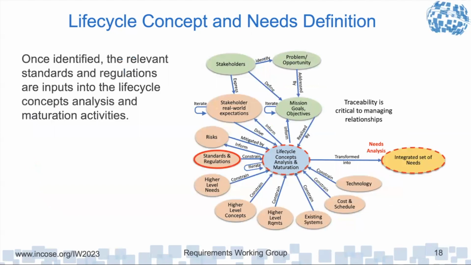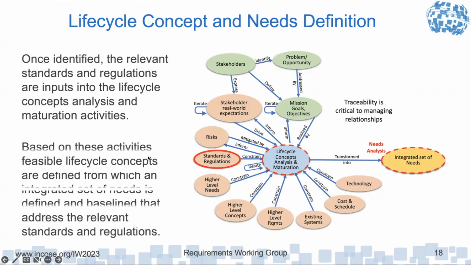Once identified, the relevant standards and regulations are inputs into the lifecycle concepts analysis and maturation activities. This is a general model of how all this fits together, with standards and regulations being a major constraint into the lifecycle concepts analysis and maturation activities that we do.